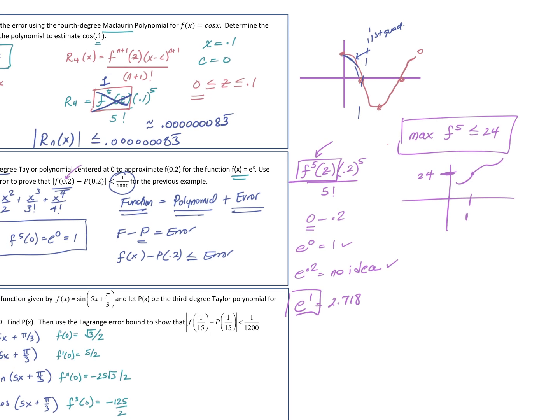But let's just say I didn't even have a calculator for this. I might even round up and say that this is equal to 3. So we can say 3 times 0.2 to the 5th over 5 factorial.